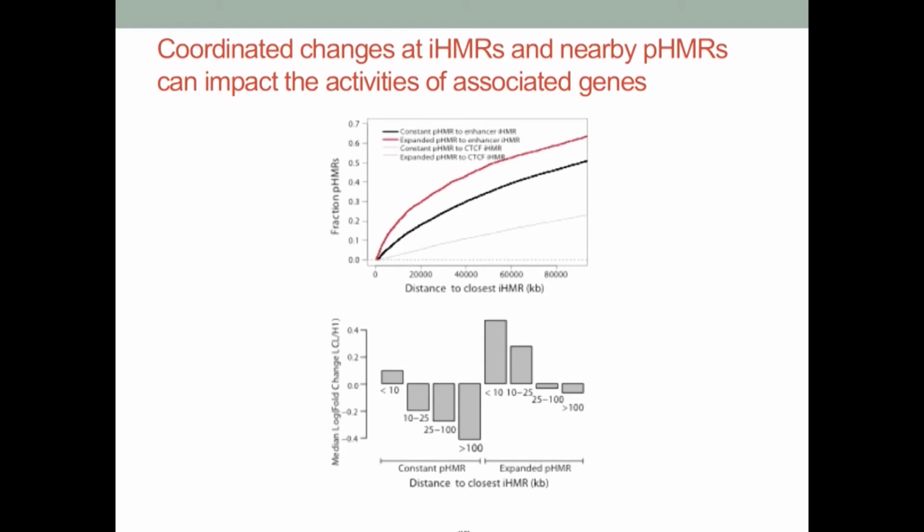It's very often the case, right? But it's not always the case. Many times an enhancer can impart its activity on a gene that's much farther away, up to 100 kb away.